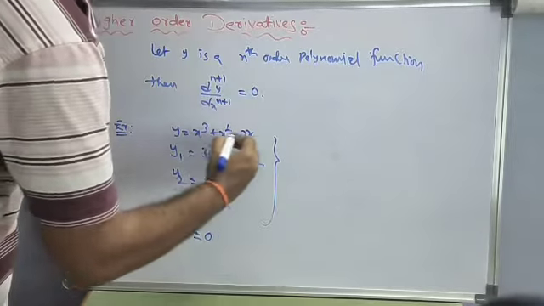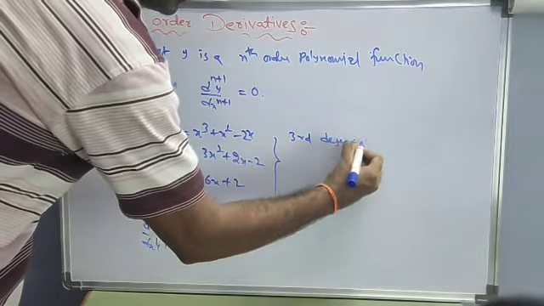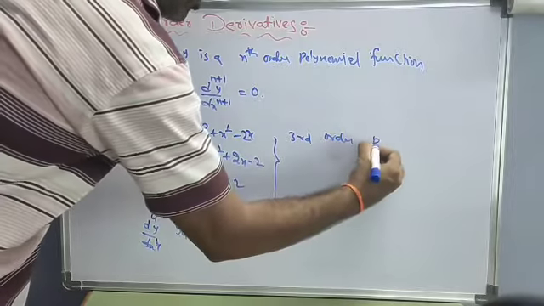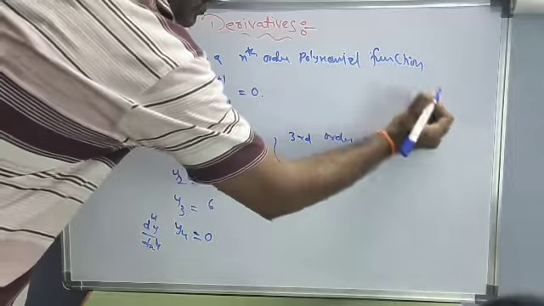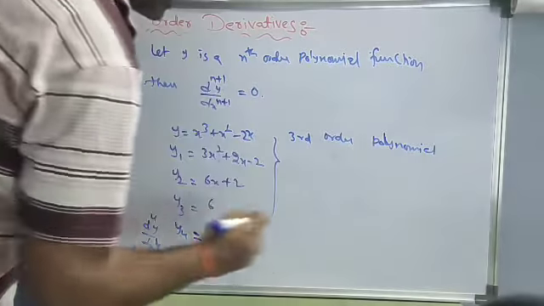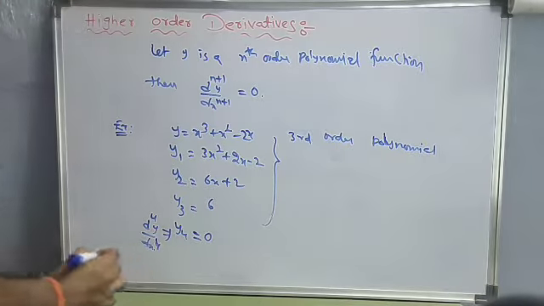It is a third degree or third order polynomial, so the fourth derivative is 0.